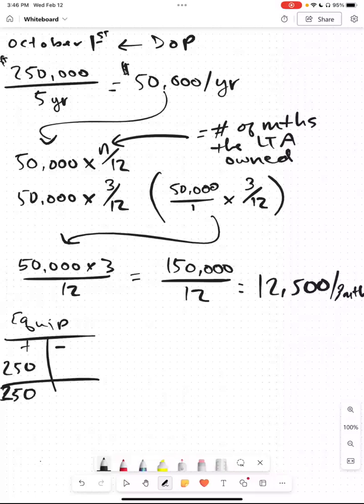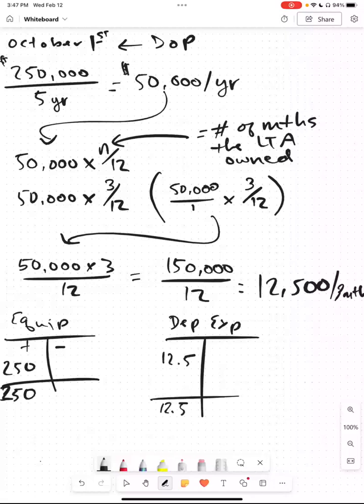We do know that every month, or every period, whatever the case is, we're going to have a depreciation expense. And that's right here. And we figured that that's $50,000 per year. So we know that we had it for 3 months, so we've got 12.5 for those 3 months.